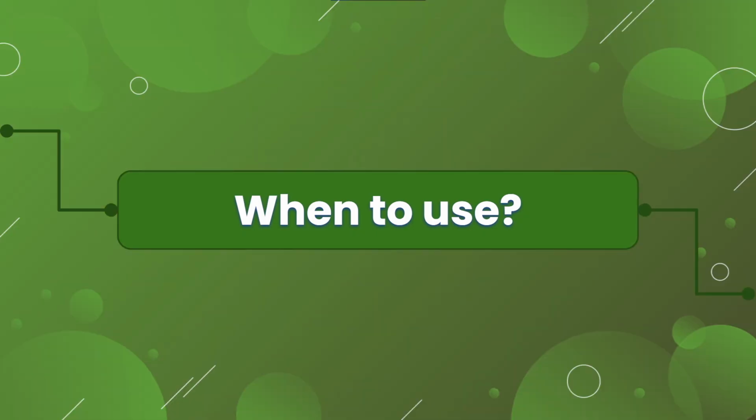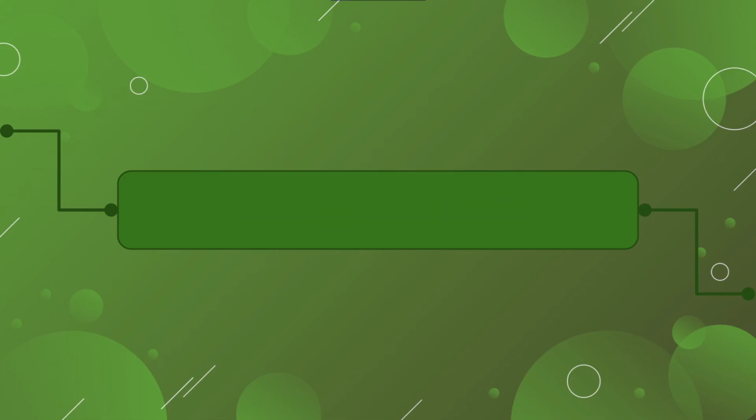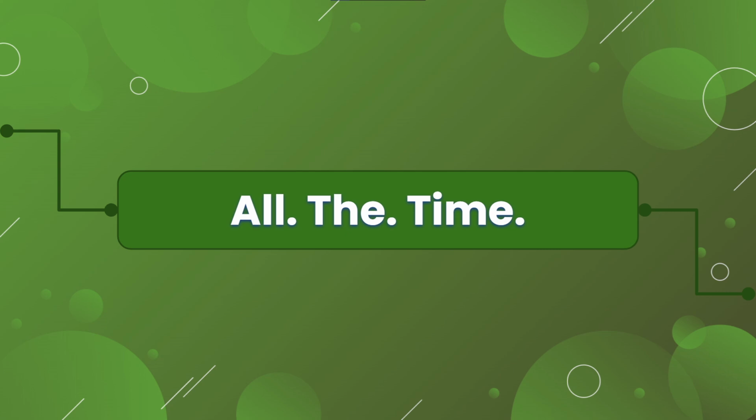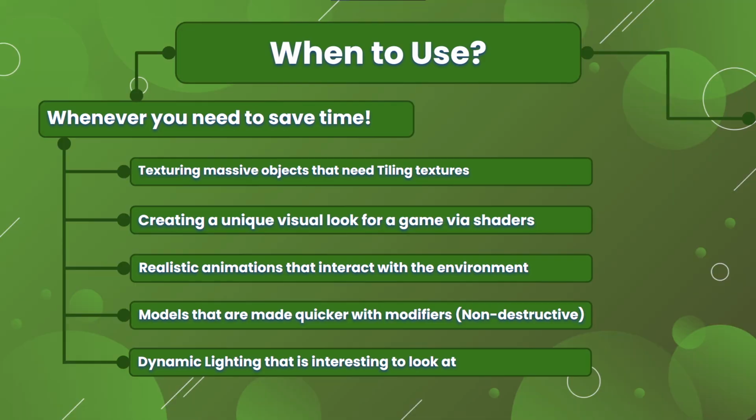When do you use these workflows? I hope the answer comes innately at this point. All the time, because this is really going to help you get where you want with your environments, with your characters, with your work much faster. Whenever you need to save time.